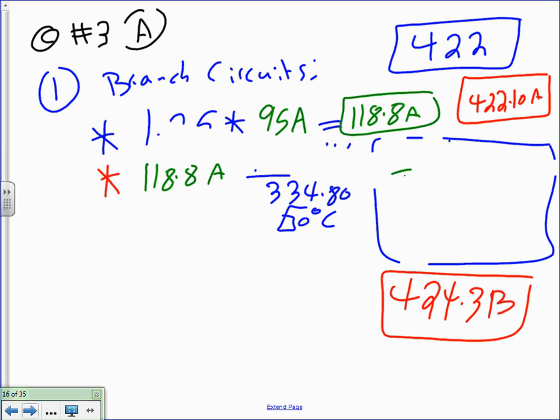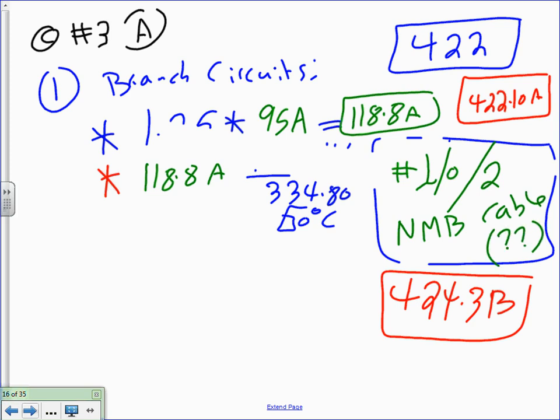So it's going to be 2 conductors, number 1 aught, NM-B cable, and I'm going to put a question mark here because they don't make it. I think the largest they can do is number 2 on that cable. So if you are faced with a situation like this, what would you really do? Use an MC cable. That's all.